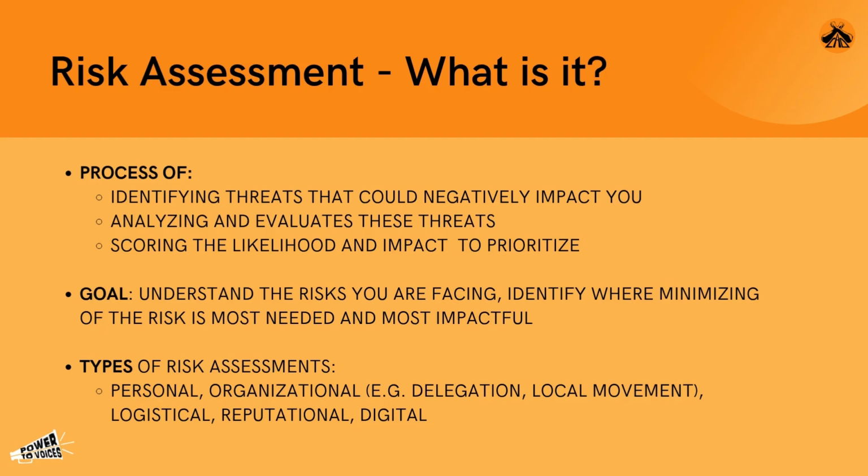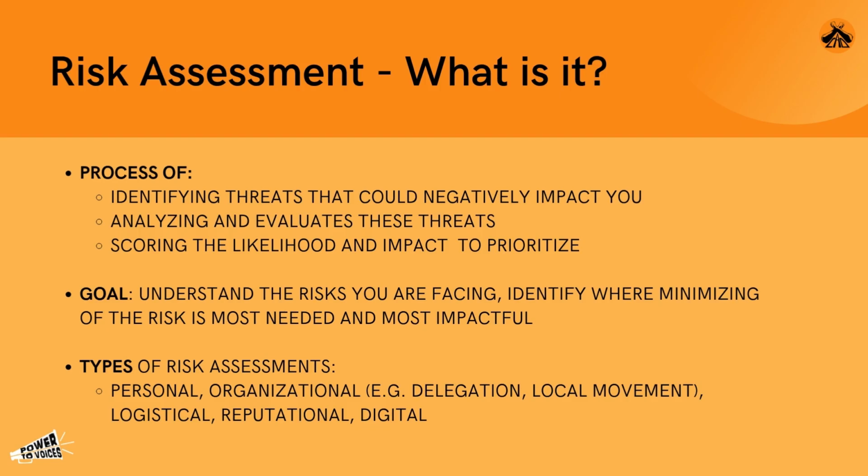The process usually starts with identifying the threats that exist around us, things that could harm us physically, digitally, psychosocially, legally, or reputationally. Then we analyze these threats to understand how likely they are to happen and how serious the consequences could be.